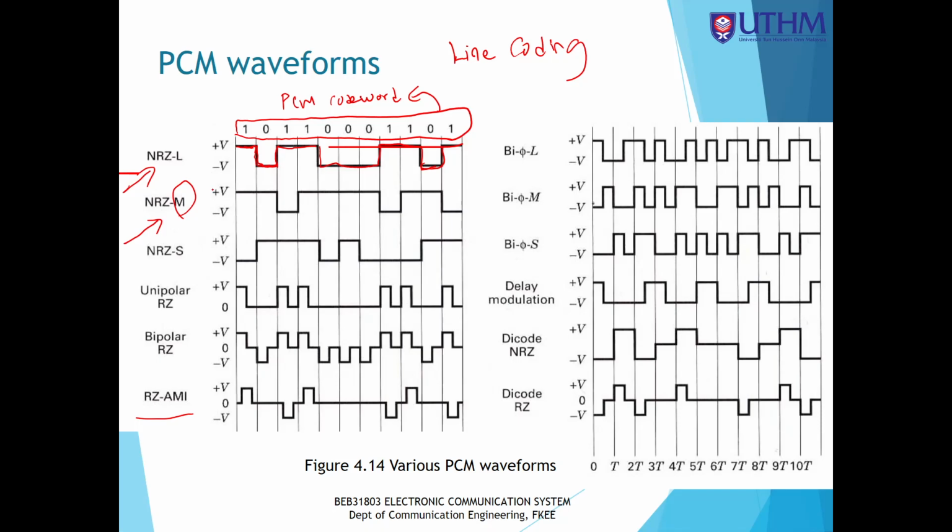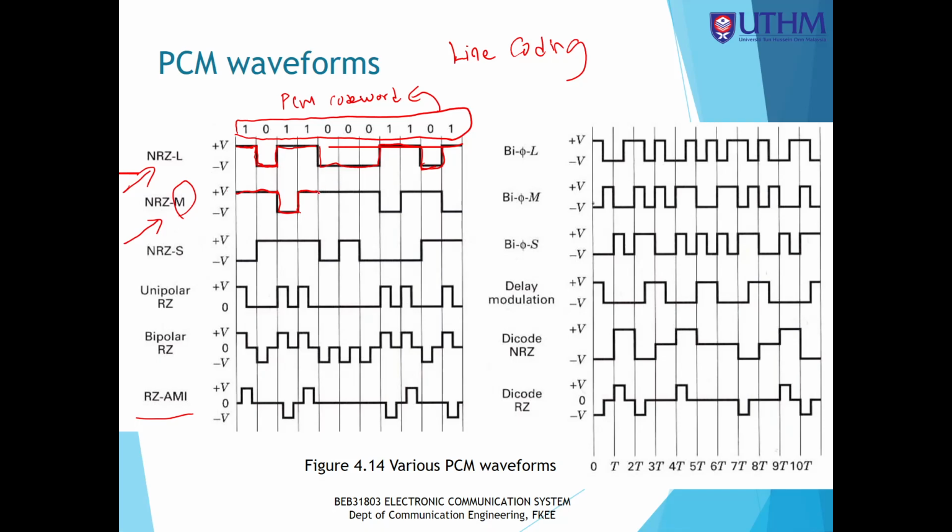Okay, so let's see here. The input first is logic 1, so positive voltage, and then logic 0 input, no change, tidak ada perubahan. Then the input is logic 1, so it alternates the polarity and the output will produce negative voltage. Then the input is logic 1 again, so it changes the polarity into positive output voltage.